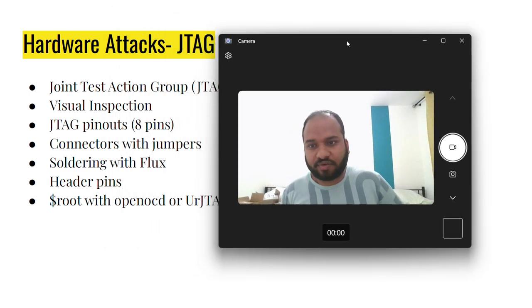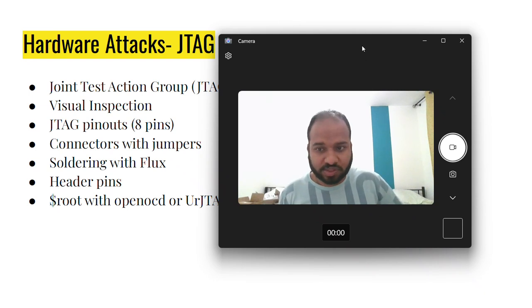You also have to do soldering with the flux, and you need to make sure that you're not burning your hands or even burning the traces of the PCB or the pin or the wire or the connector which you are using to hack into the device. There are also some header pins which you need to take care of.